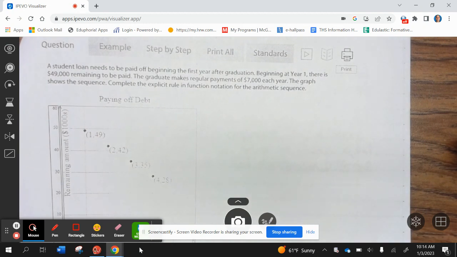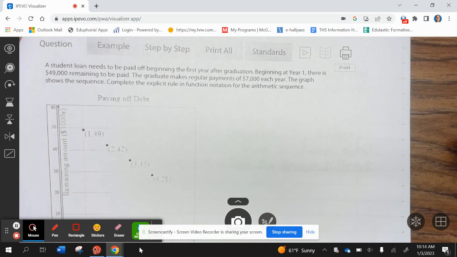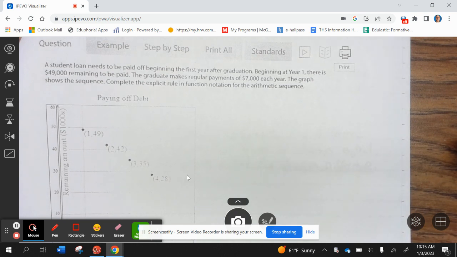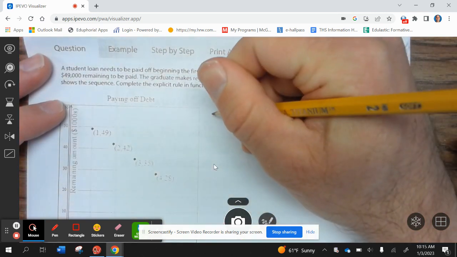A student loan needs to be paid off beginning the first year after graduation. Beginning in year 1, there is $49,000 remaining to be paid. The graduate makes regular payments of $7,000 each year. The graph shows a sequence. Complete the explicit rule in function notation for the arithmetic sequence. Okay. So what we need to do is find the common difference each time, or what we're doing to get from 49.